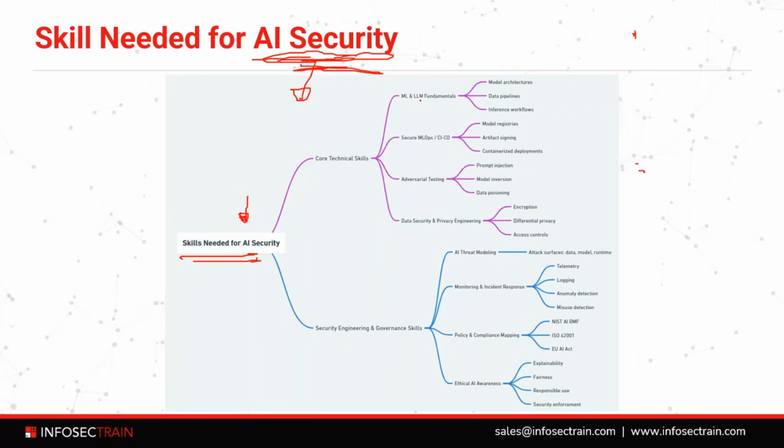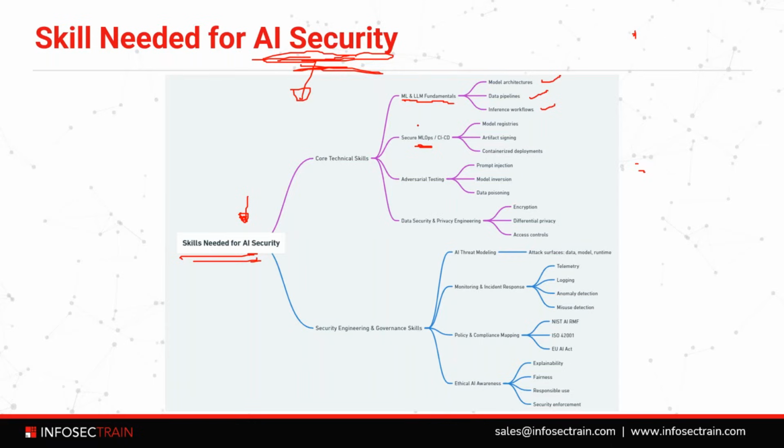So your machine learning and large language models fundamentals you need, be it your model architecture, data pipelines, and inference workflow, your entire machine learning operations. So you call it ML Ops, LLM Ops, because when I showed you that diagram of the relationship between machine learning and LLMs, you know that LLM was nothing but a subset over there.